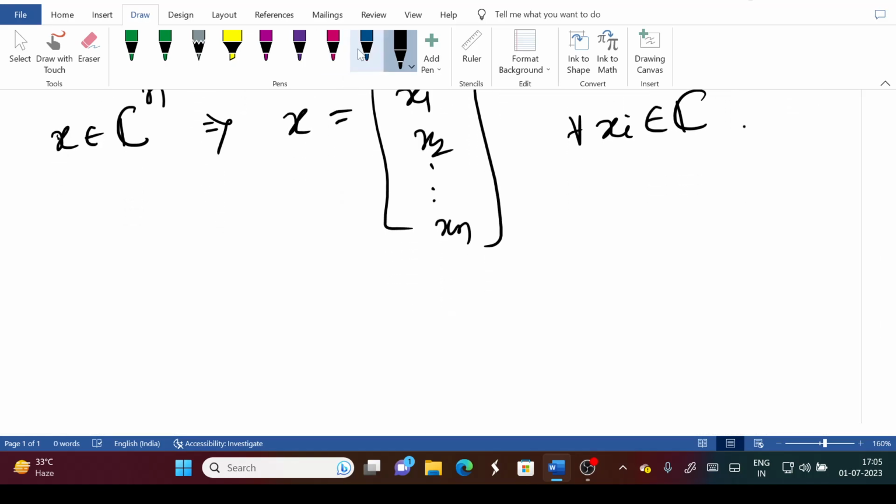Any matrix defined on complex numbers is a complex matrix, and any vector defined on complex numbers is a complex vector.